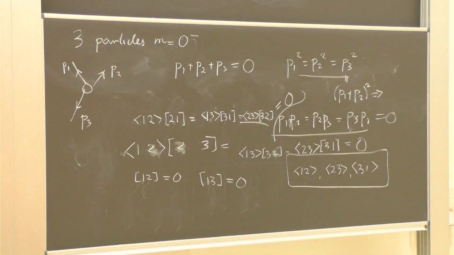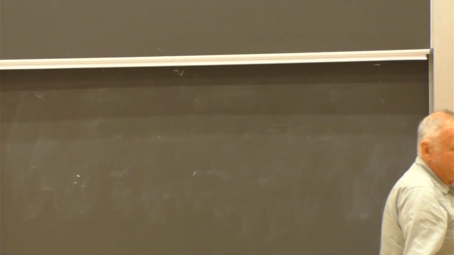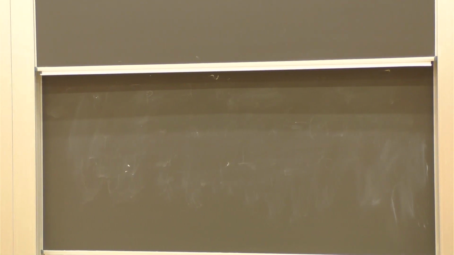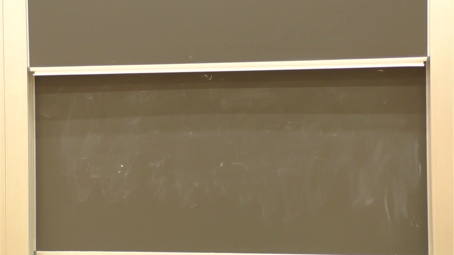All that I can do is to use these constraints. So in general, what I can do, may I ask, are those ⟨1 2⟩, ⟨2 3⟩ angle brackets completely free, or is there somehow a constraint also? Could you repeat it?